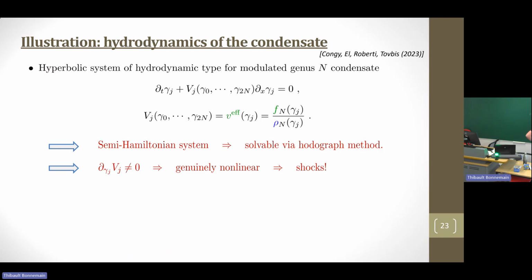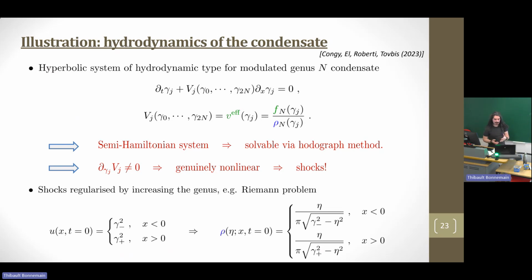So again, this system keeps the similarity property. It's still solvable by the hodograph transform. However, this time, as you can see, the system is not linearly degenerate. So it's generally nonlinear, which means that shocks will happen for a broad class of initial conditions. And in this kind of system, the shocks get regularized by increasing the genus of the condensate.